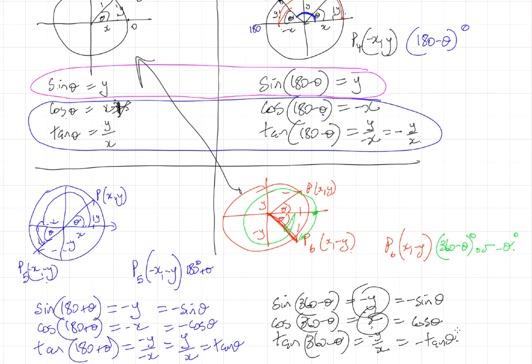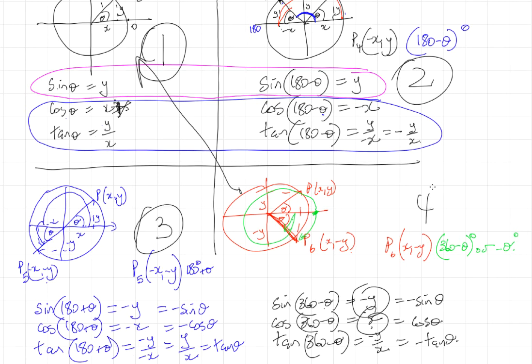Okay, so that gives us a way to link angles in any quadrant, either the first quadrant up here, the second quadrant, the third quadrant, or the fourth quadrant. It gives us a way of linking the sine, cos, and tan of angles in the second, third, and fourth quadrants back to the sine, cos, and tan of angles in the first quadrant.